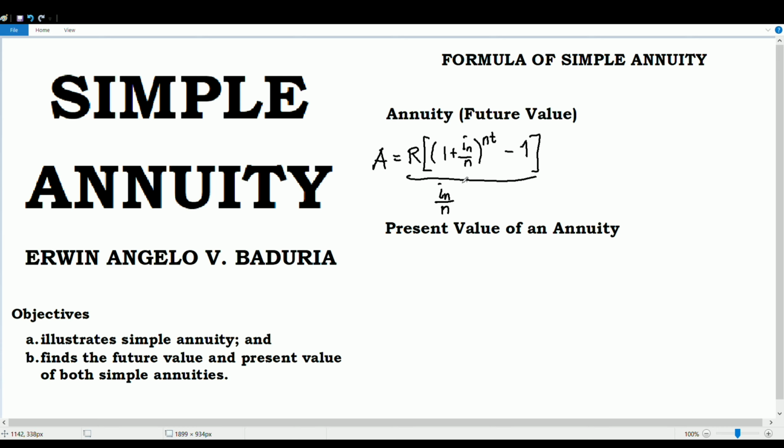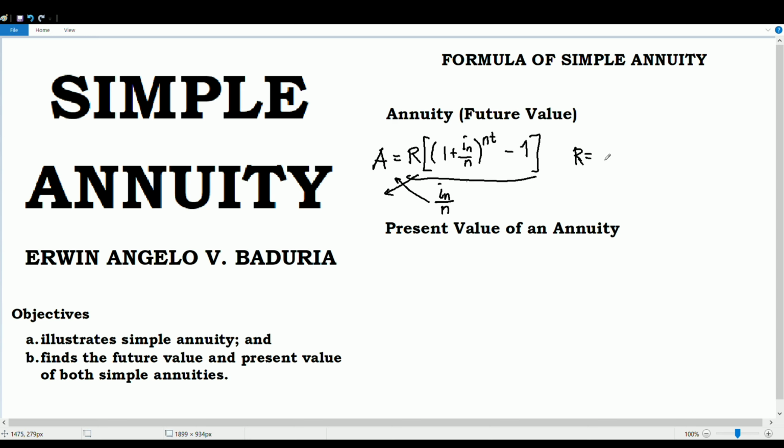Now we have the formula for our regular payment. We can get it by cross multiplication. We cross multiply downward the quantity in the numerator and upward the denominator.